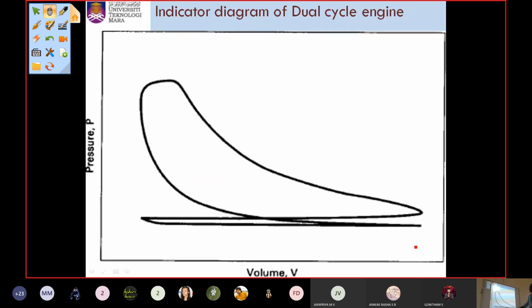So we can take this PV diagram, or indicator diagram, of the dual cycle. So as usual, we can have the initial point here. So there will be an isentropic compression. So at this stage, we will initiate the fuel injection. So this will give you the constant volume as well as constant pressure.